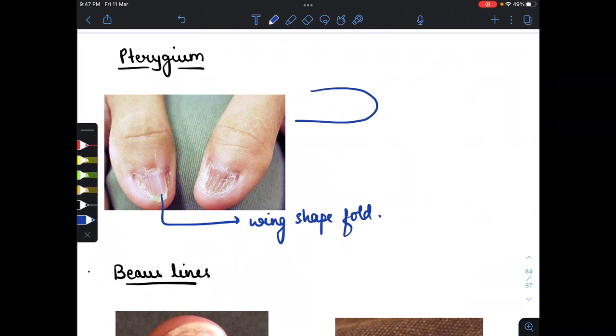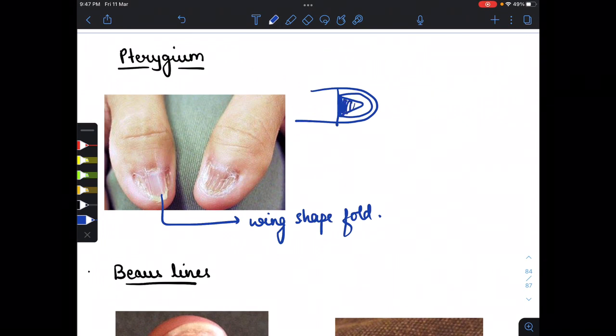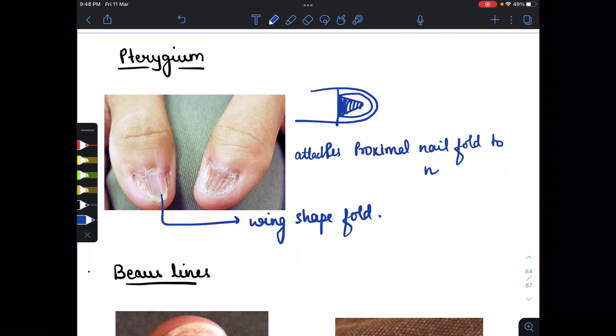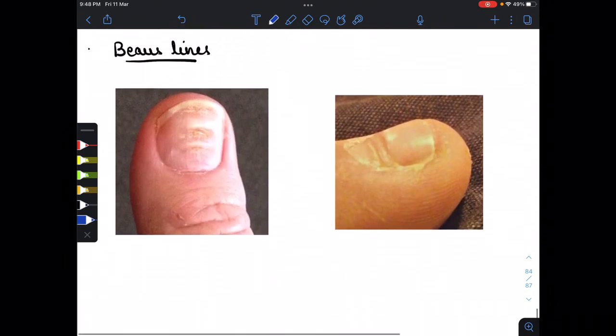Or if I have to draw with my hands, suppose this one is the nail, and it is attached proximally to the nail fold, to the nail bed. And here it is a pterygium.